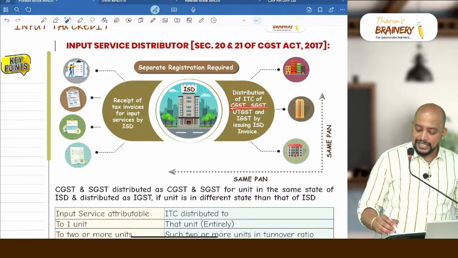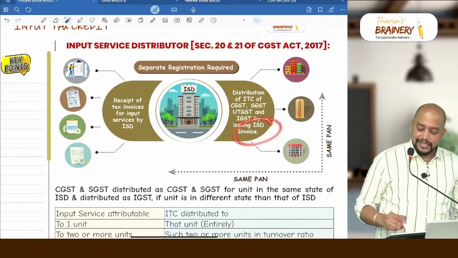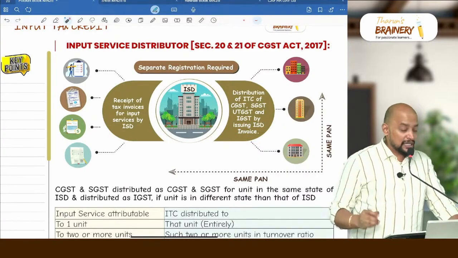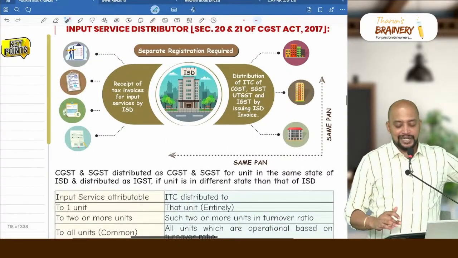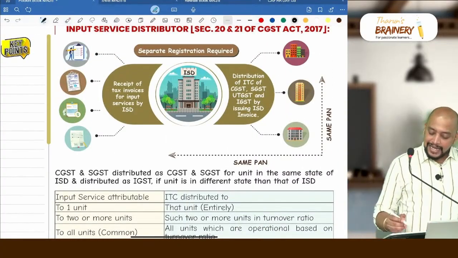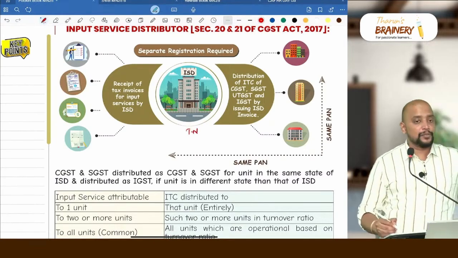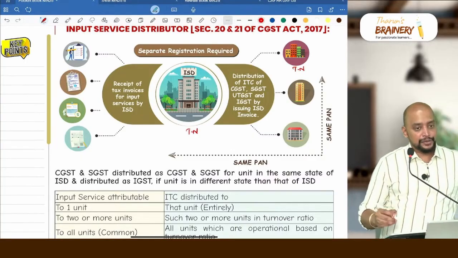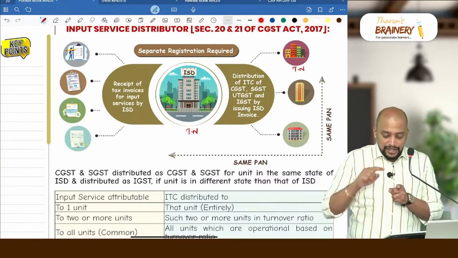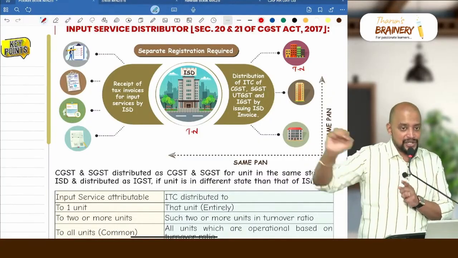Distribution of ITC of CGST, SGST, UTGST, IGST by issuing an ISD invoice. I told you this ISD invoice is also one of the tax paid documents for the purpose of availment of ITC. And a very important point is that, say if the ISD is located somewhere in Tamil Nadu, that is, the head office is in Tamil Nadu, and there is a branch office which is also located in Tamil Nadu, then in that case CGST is distributed as CGST, SGST as SGST, IGST as IGST.